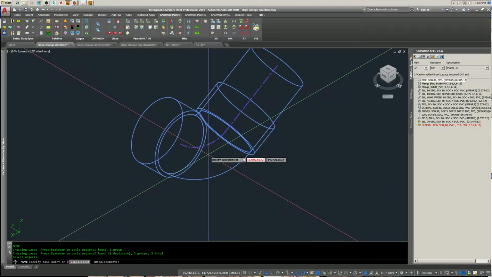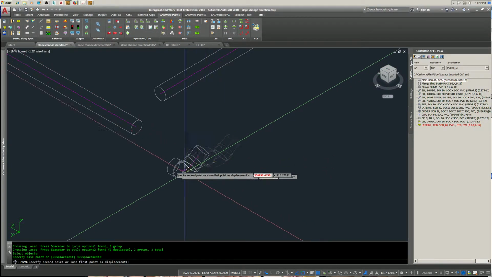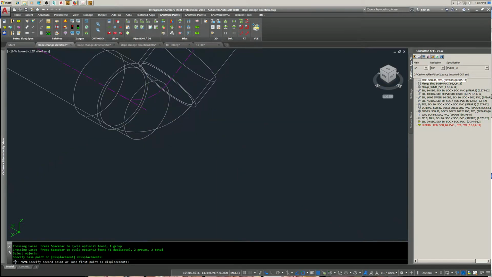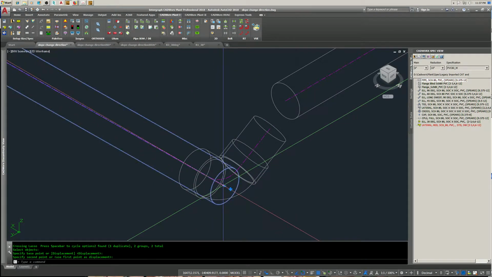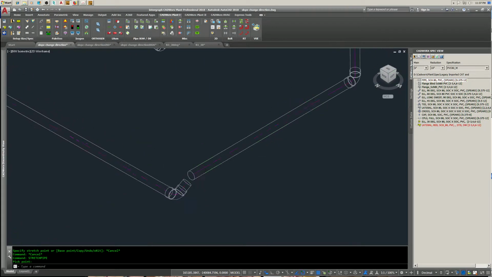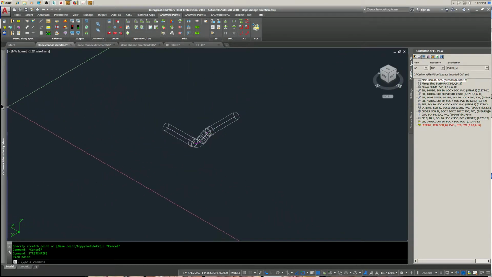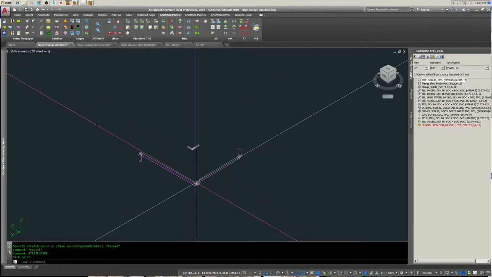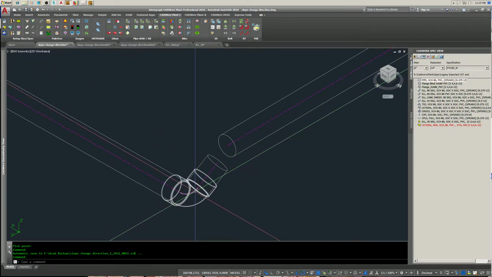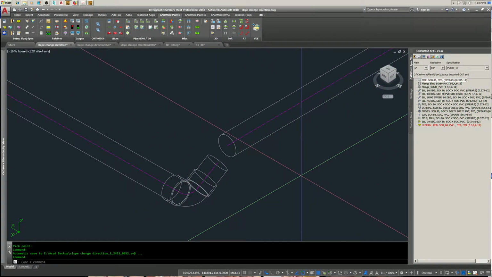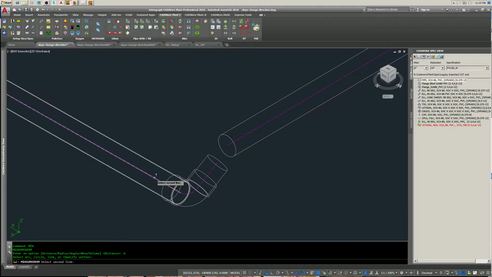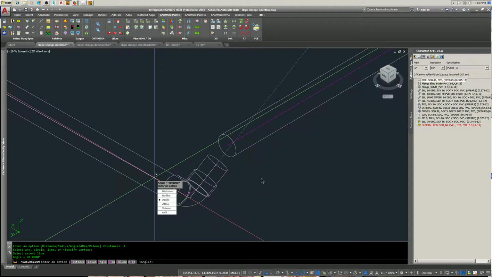I'm going to use the corner point. There. Drag this down. Should have checked the continuity to make sure that was good there. Okay. 90 degrees, just what we want to see.